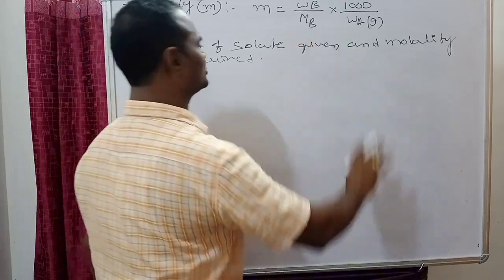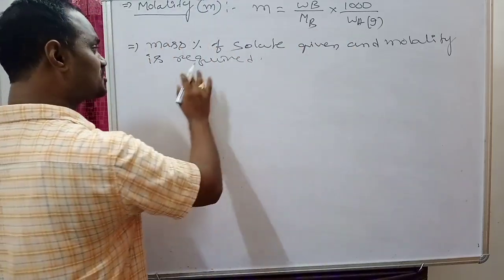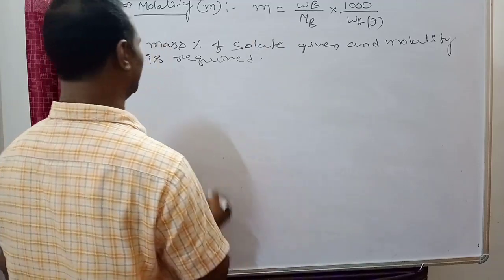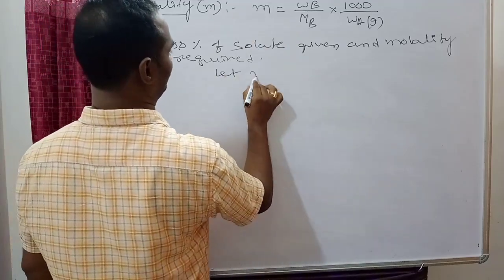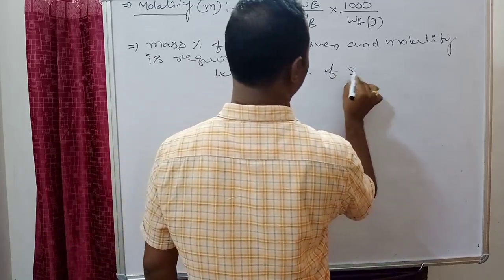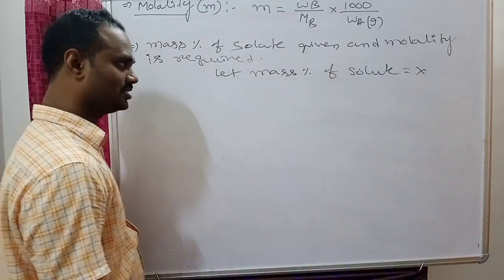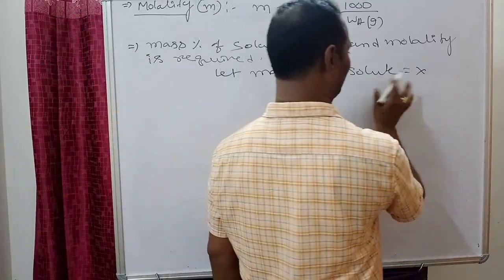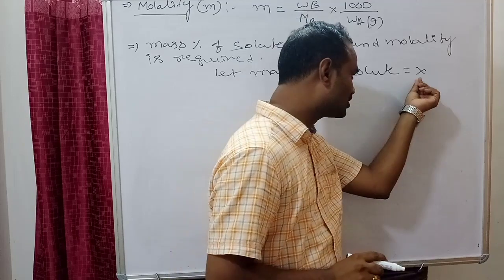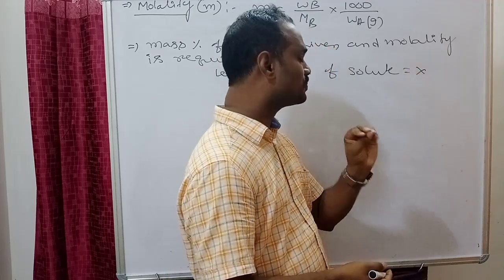Mass of solute and mass of solvent, they do not provide. The mass percentage of solute is given. Here let the mass percentage of solute be X. They have given X, meaning X percent of solute is present. What is X percent? X grams, percent means per 100.